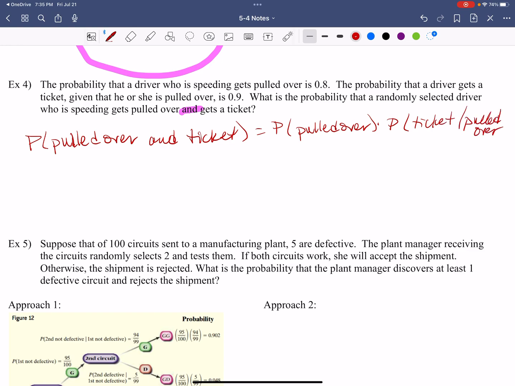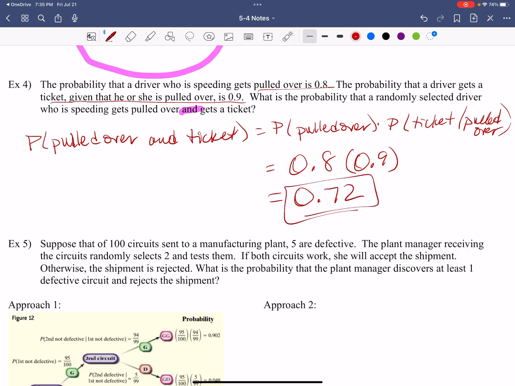Oh, I run out of room. So do we have those two pieces of information? Yep, pulled over is 0.8. That they get a ticket given they're pulled over is 0.9. Multiply those together and I have 0.72. And why is it multiplied? Because you see the word and.